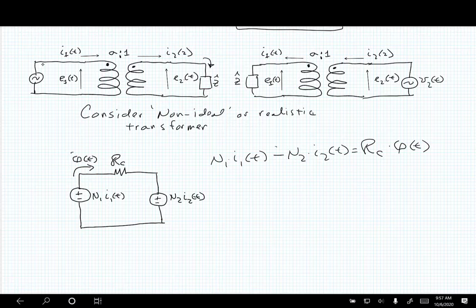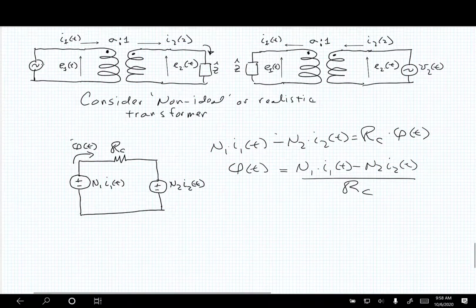Now what I really have is the flux in the core is equal to, rearranging everything, that's the flux in the core.